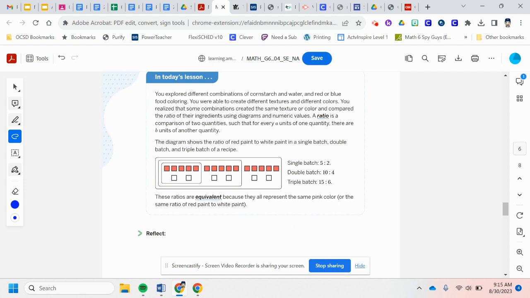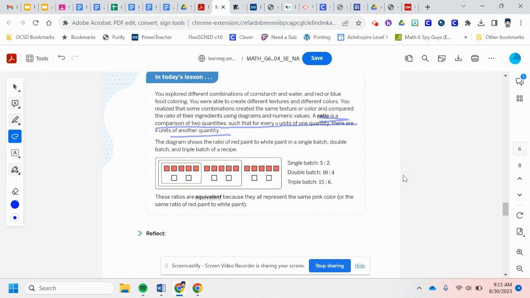A ratio is a comparison of 2 quantities, such that for every A units of one quantity, there are B units in another quantity. So that is our ratio. And it's also our sentence frame, which I will share with you as well.